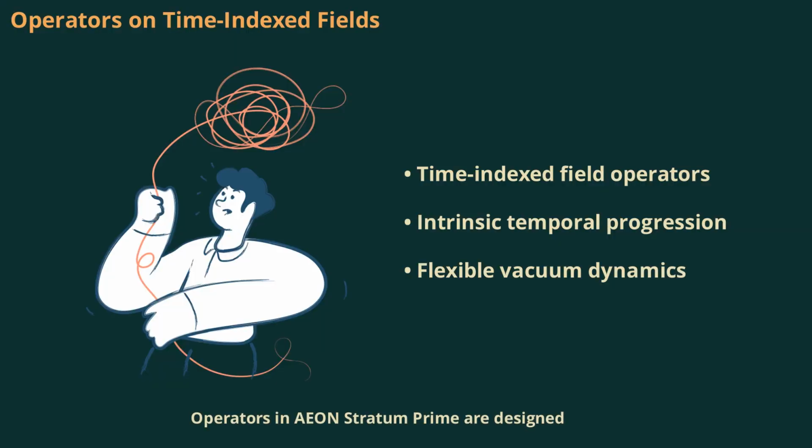Operators in AEON STRATUM PRIME are designed to act specifically on time-indexed vacuum fields. This means that every mathematical operation is sensitive to the intrinsic progression of time as defined by the proper temporal phase.